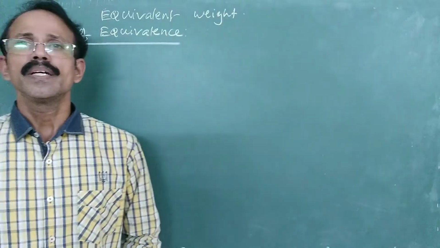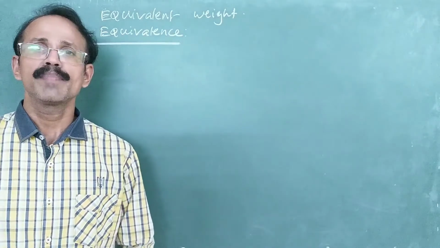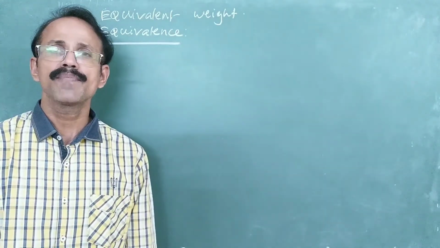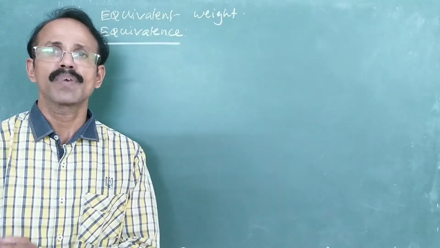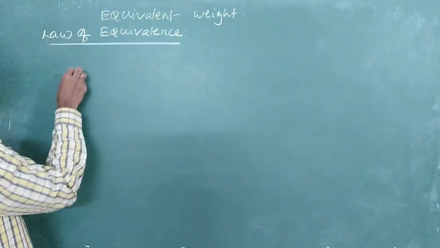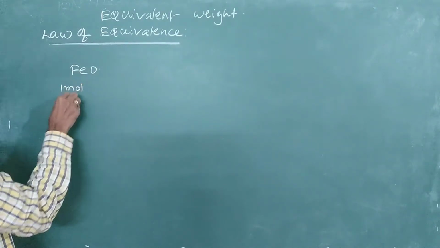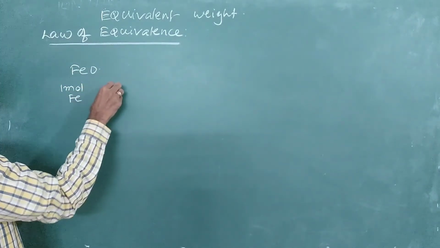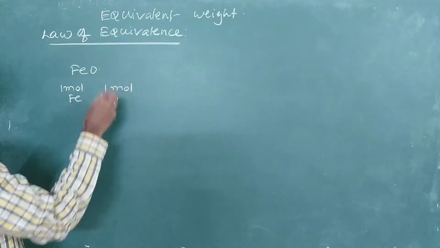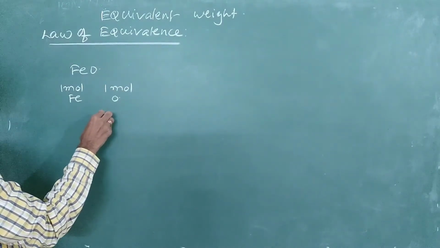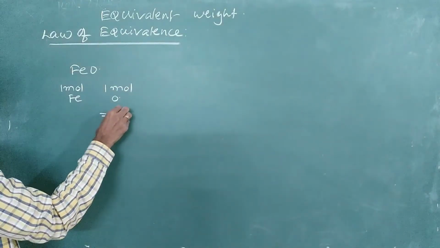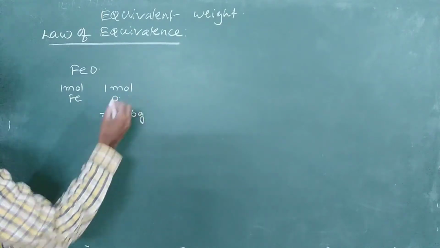Equivalent mass of unknown element can be calculated by using law of chemical equivalence. For example, ferrous oxide is formed by the combination of 1 mole of iron and 1 mole of oxygen. What is molar mass of oxygen atoms? That is equal to 16 gram.